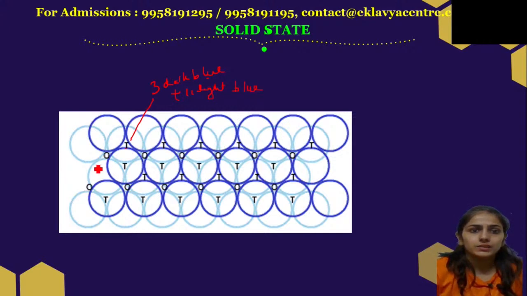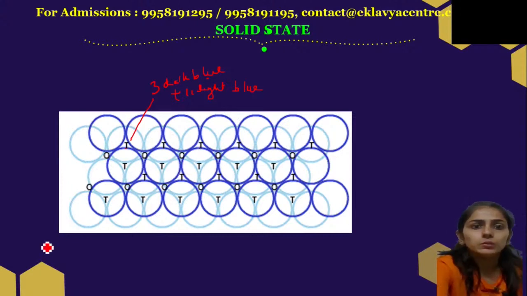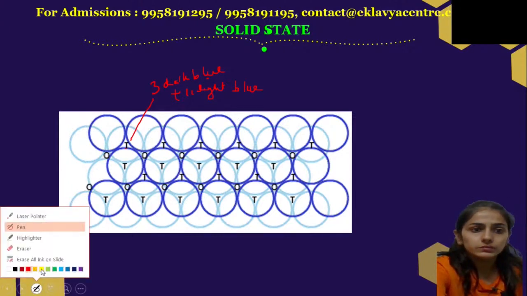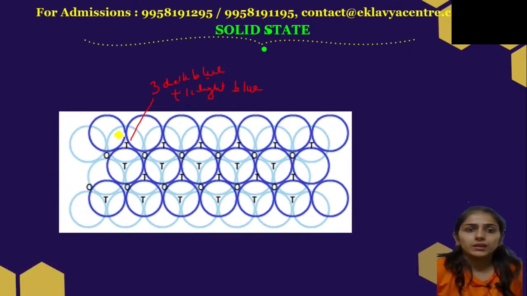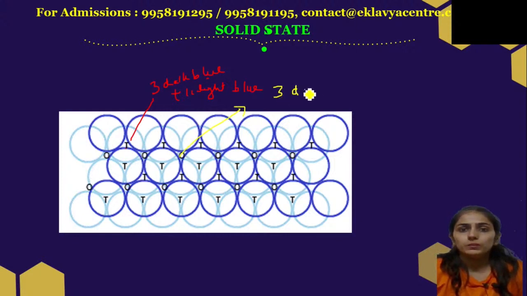And if you see the octahedral, this octahedral is due to 3 dark blue and 3 light blue. I'm talking about this octahedral void. This octahedral void is due to 3 dark blue and 3 light blue.